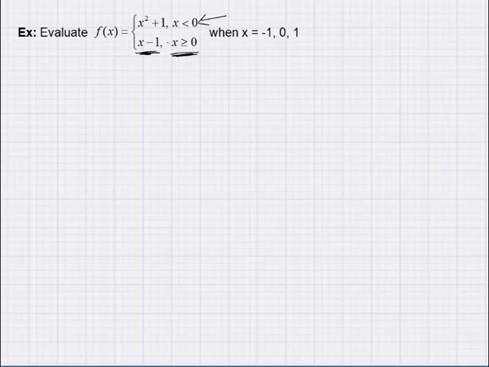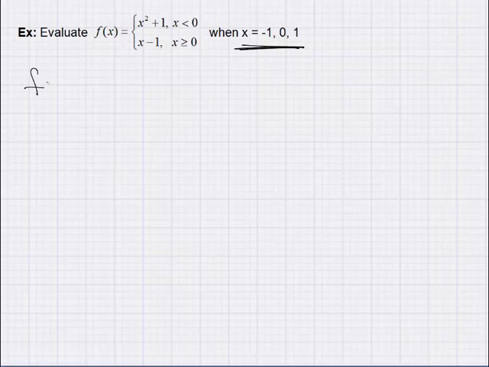The key to a piecewise function is the domain. If you know what your domain is, if you know where to put something, then you can evaluate this piecewise function. So x is less than 0, we use x squared plus 1. X is greater than or equal to 0, we use x minus 1. So let's evaluate the function at these three values.